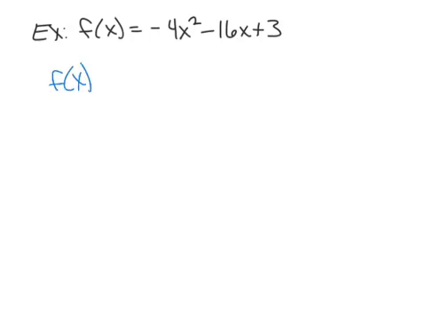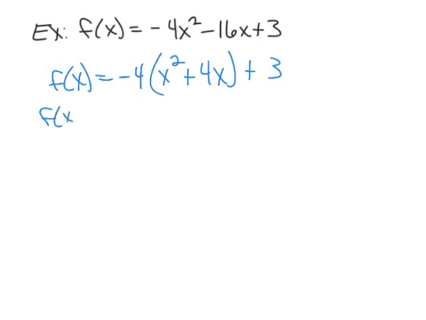F of x is equal to, I need the negative 4 factored out, because you want your x squared term positive. When I factor negative 4 out, that turns into x squared plus 4x, and then the 3 is on the outside. Now what I should have done, you can do this in one step. When I factor it out, I'm going to put a blank in for the completing the square part.